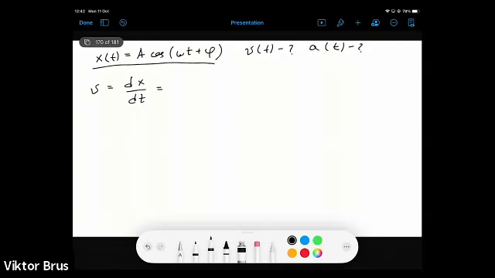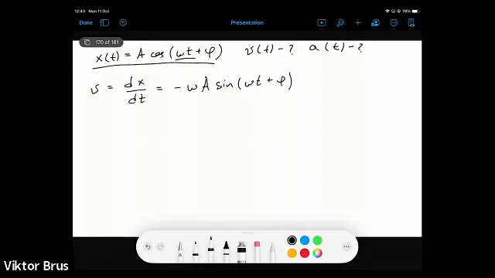That will be minus, because here is cosine, we will take the derivative, it will be sine. Here we have also omega times t. So we will get minus omega times A times sine omega t plus phi.